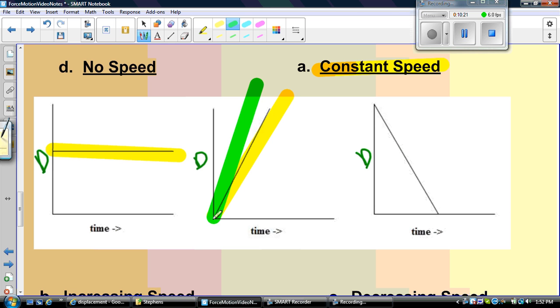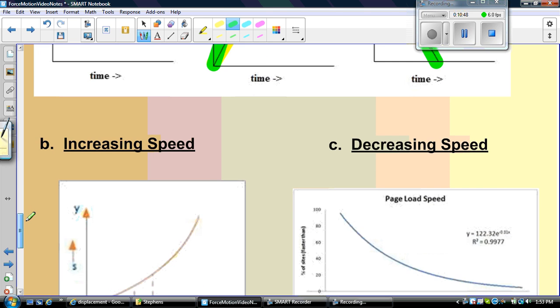On this one, this 0 point right here means your start. This is your finish. So when it goes back down, that means you are going back home. So this would be you traveling to your friend's house at a constant speed. You reach your friend's house, and then you travel back home, back to the start, at a constant speed. Okay, so those are what the graphs look like for no speed and constant speed.